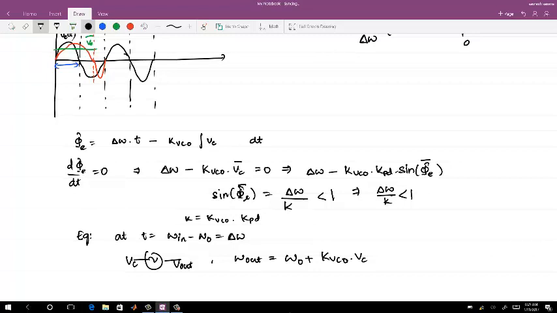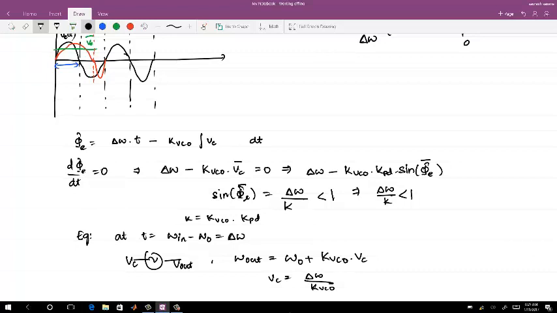So for this particular thing, the only thing I need to ensure is that VC should be equal to delta omega by K_VCO in a steady state. Nothing else matters, and this should be a DC voltage if it is locked in frequency.